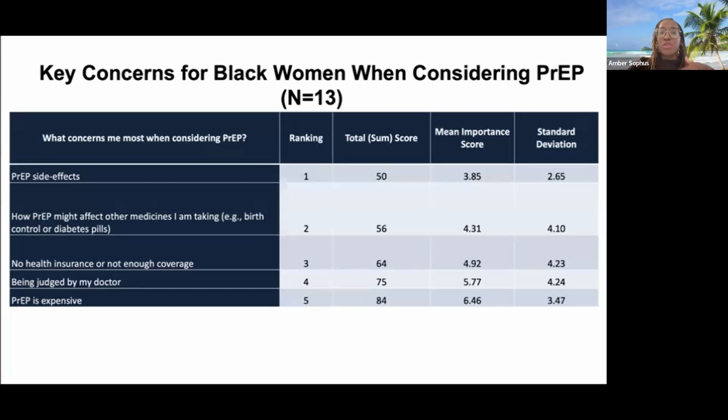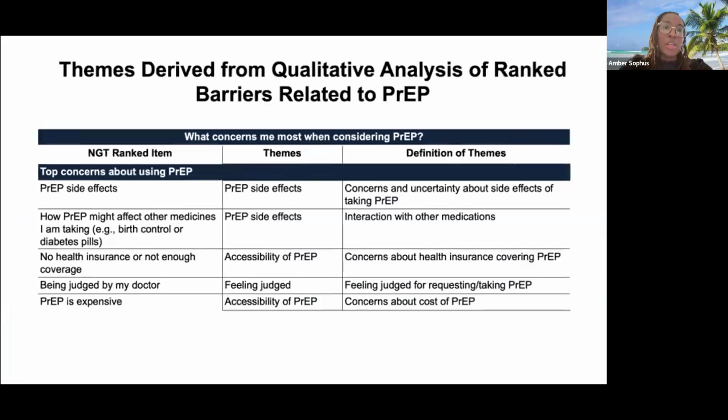So when we asked them to further elaborate on why these top 3 items were here, they also touched on other items that were ranked within the top, I'm going to say 5 to 8 items on the highest ranked items as well as the lowest ranked items. So for instance, we did a thematic analysis for the qualitative analyses from the discussion.